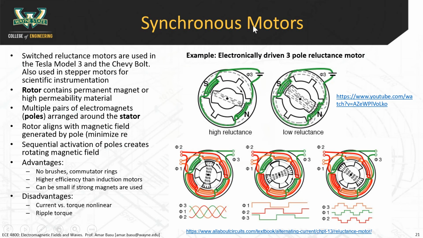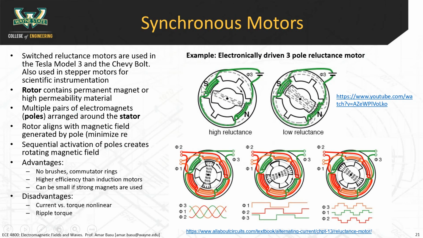There's a term called synchronous motors, and a certain type of those is a switched reluctance motor. Synchronous motors are where you have essentially a rotating magnetic field, and a permanent magnet inside the motor. Every motor has something called a stator and a rotor. The stator is the part on the outside that doesn't move.